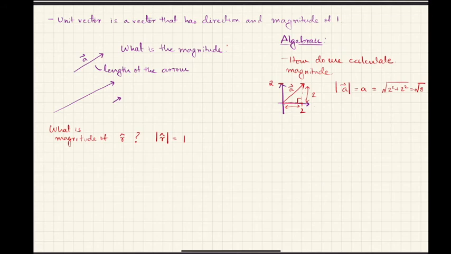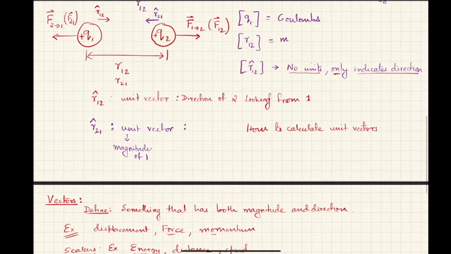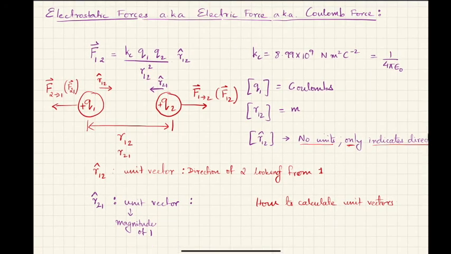Okay. All right. So now let's go back and look at our Coulomb law force again. And over here, we need to be able to figure out how to calculate r hat. Okay.